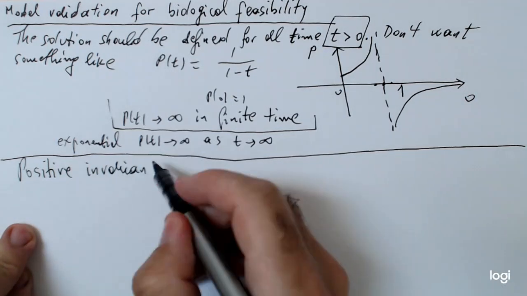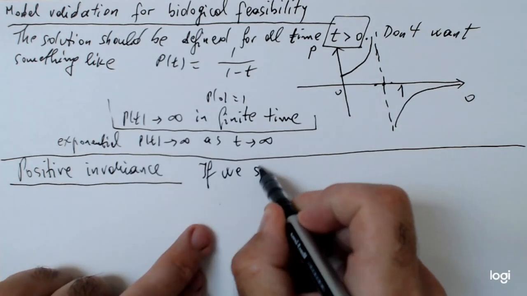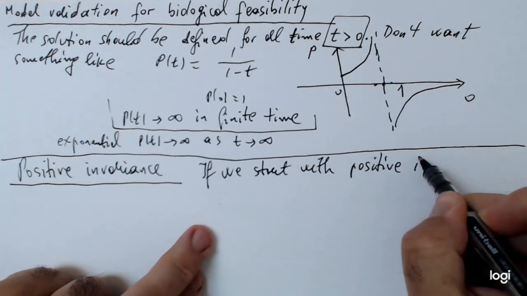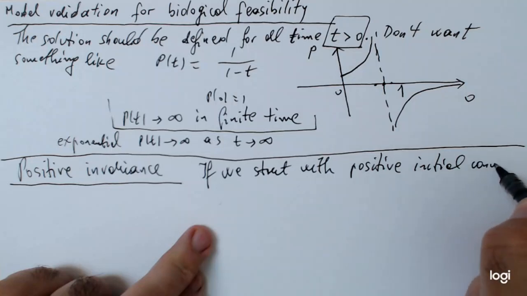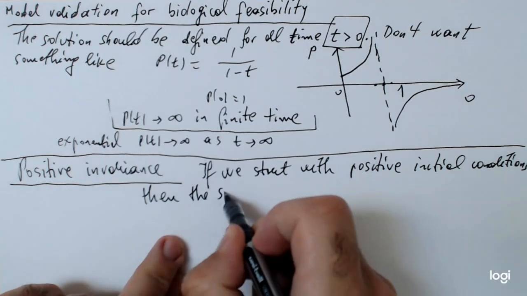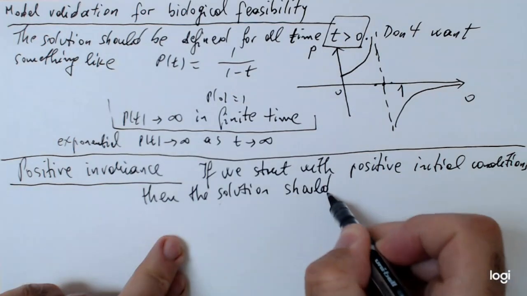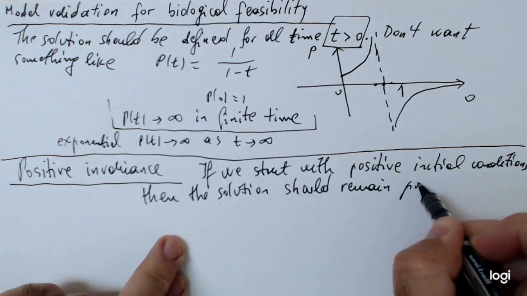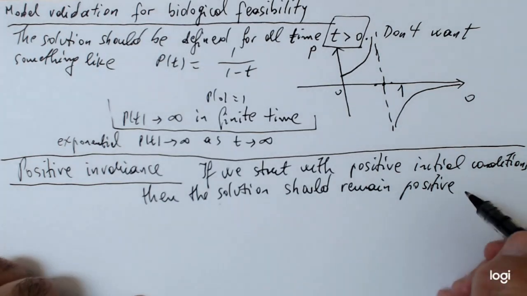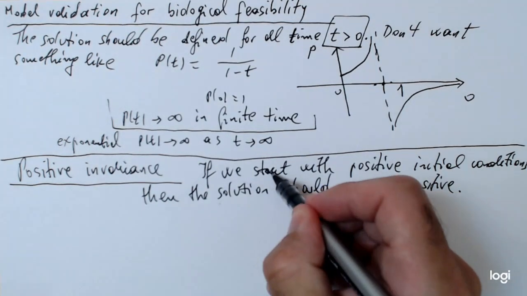The model should be positive invariant, meaning that if we start with positive initial conditions, then the solution should remain positive, or 0. In other words, it shouldn't cross on the negative side. The reason why that's the case, it's obvious, right?